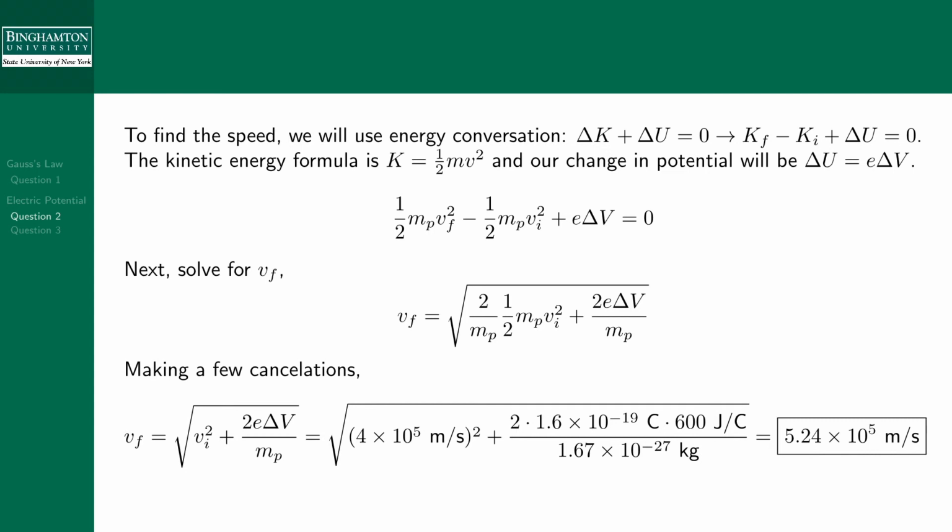So I move some things to the other side, divide, take the square root, and make a few cancellations, and I end up with this final formula here. Now I just plug in what I know, and I get an answer of 5.24 times 10 to the 5 meters per second.